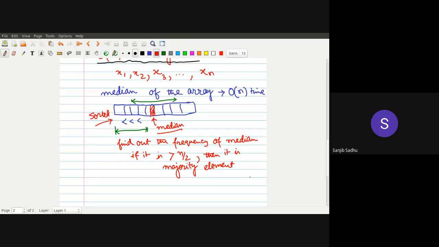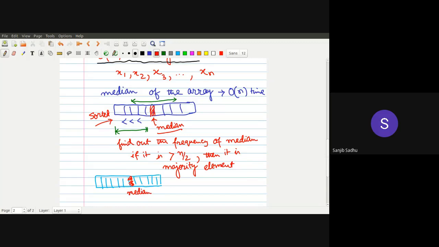Otherwise not. Those who could not understand, I am saying for them. See the figure again. Suppose this is the sorted array after sorting, and suppose this is the median.